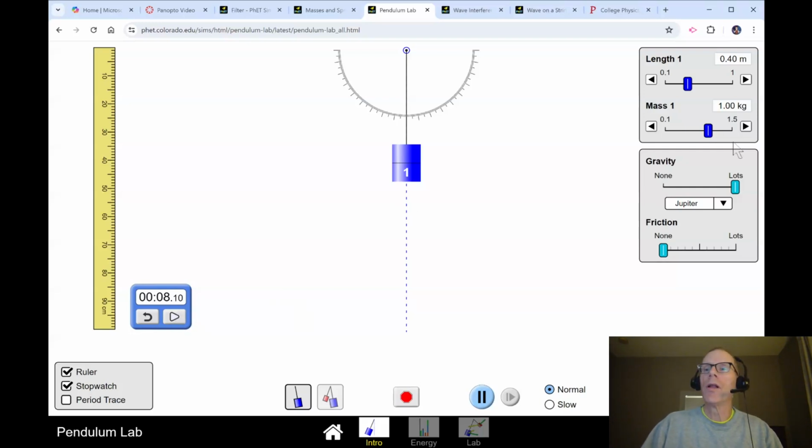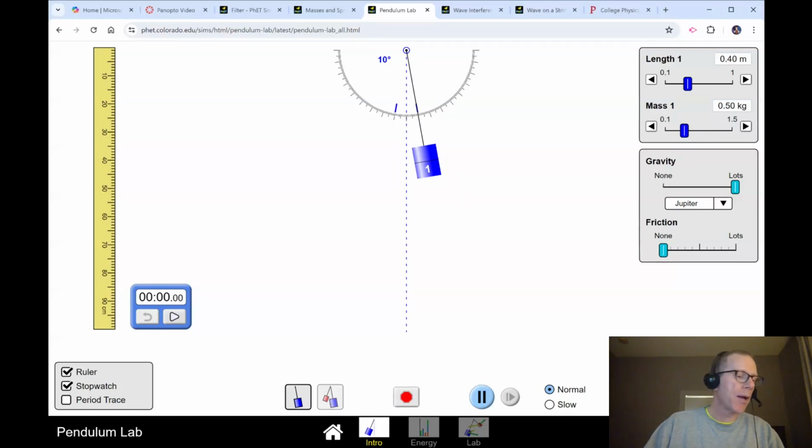And now, we did this with 1 kilogram. So now let's do it with a half a kilogram. So think about whether the oscillation is going to be faster or slower. And remember, with 0.4 meters and 1 kilogram, that was the 12.72.